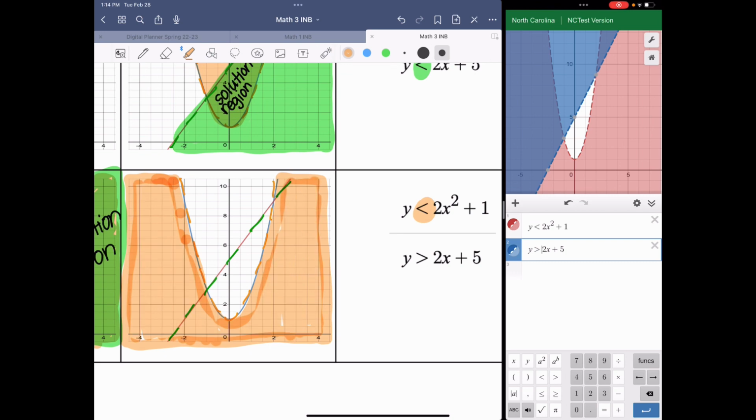All right, and then we have our greater than for the line. So greater than is going to be above the line. So it's going to include anything above that dash line.